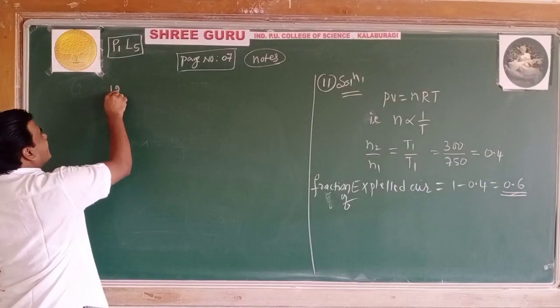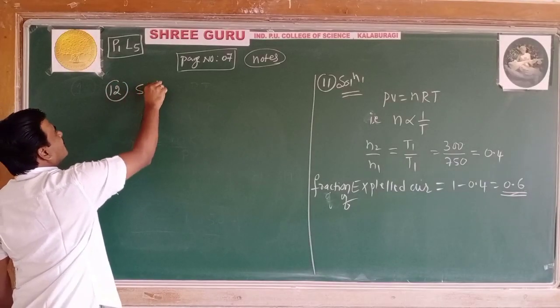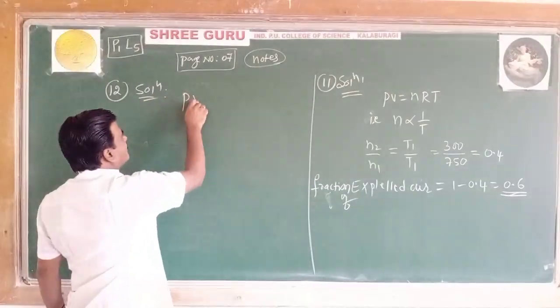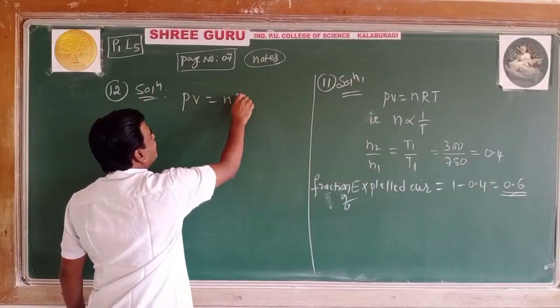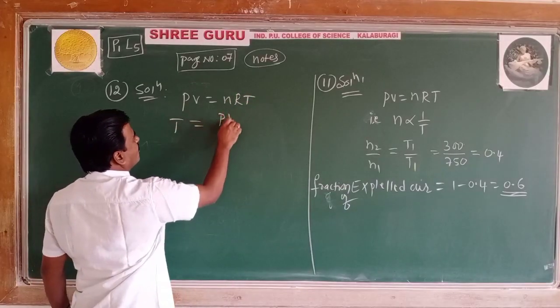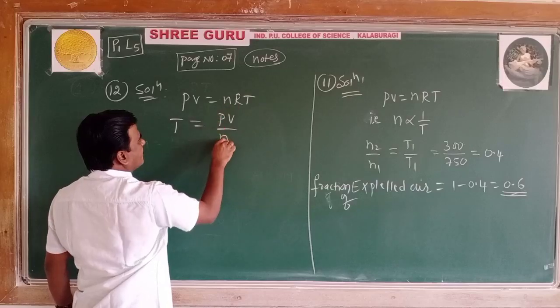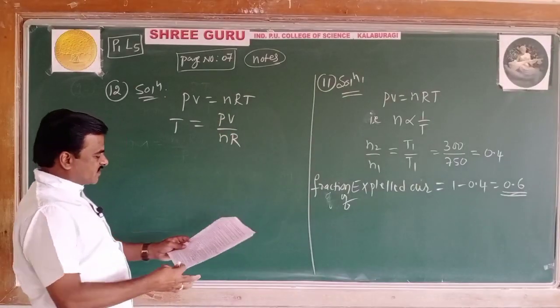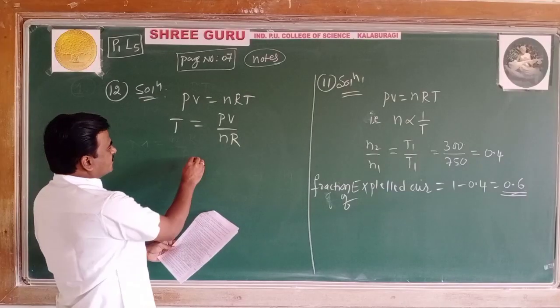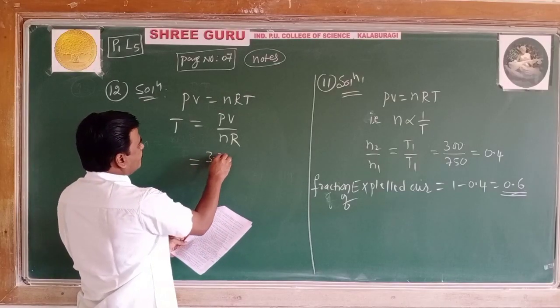By giving the data, you are asked to calculate the temperature. 12th solution. From the equation you have PV equals nRT. So calculate T. T equals PV by nR. The pressure given is 3.32 bar.